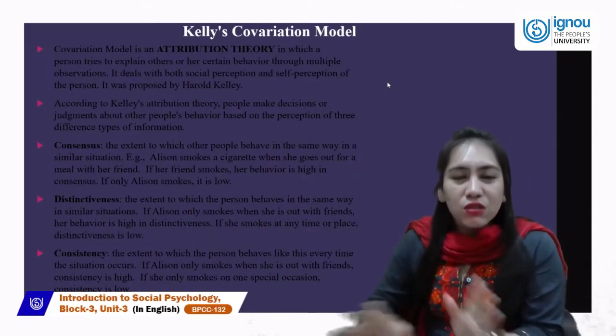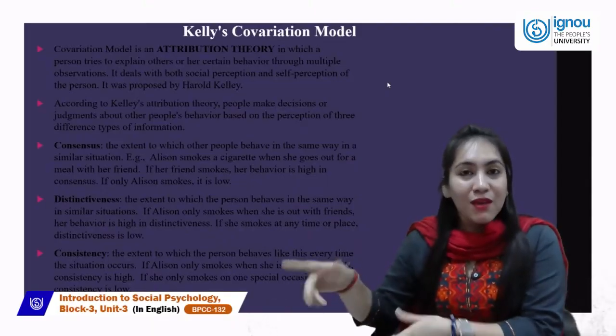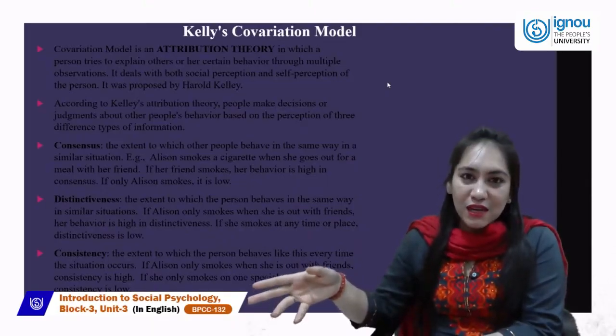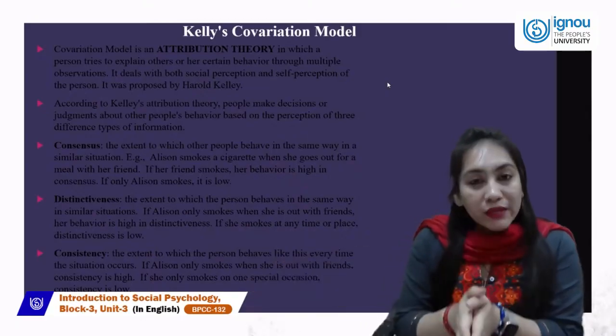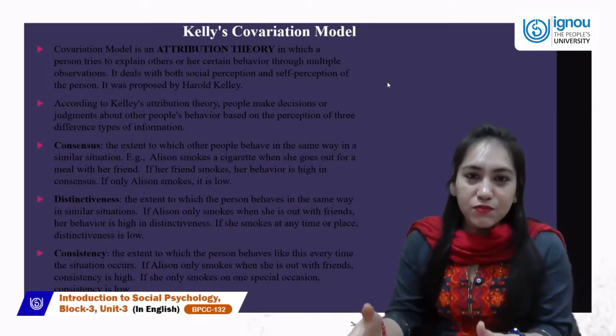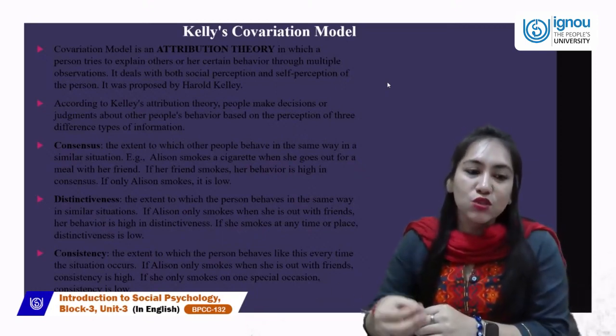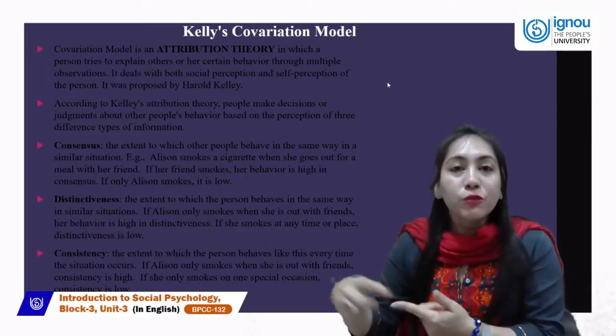But if she smokes all the time, every time that she's going out, not in the same situation, then it would be low distinctiveness. But she's smoking only with her friends when she's going out for a meal and not randomly at every place and everywhere. That's called high distinctiveness. So this is for the person, not for the people around.